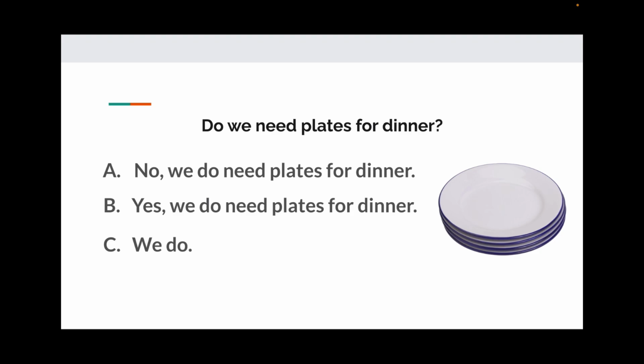Are you ready to look at our answers? And so B and C are correct. We can't use A because it has no.